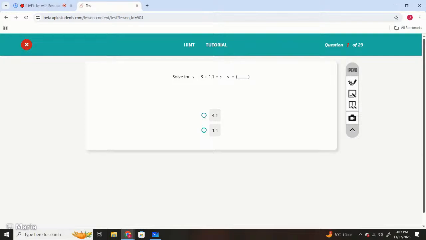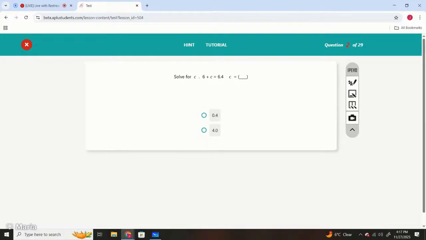So which is the correct option? That is 4.1.